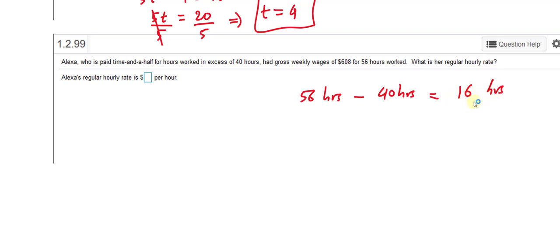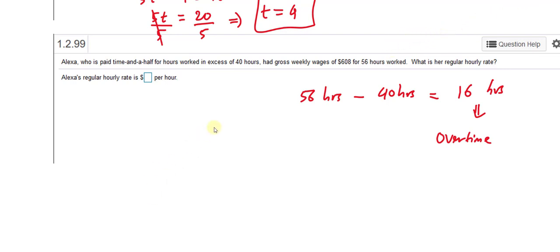So 16 hours is the overtime of the week. So these 16 hours, after 40 hours, will receive the pay of the regular time and a half.